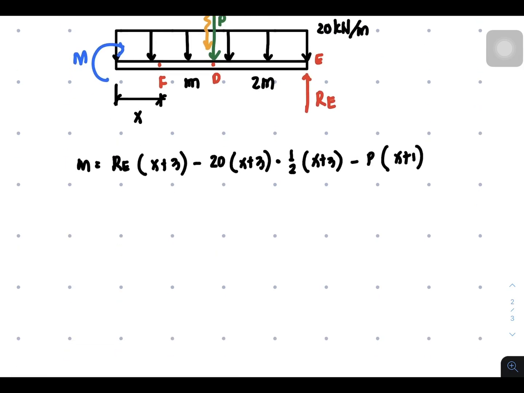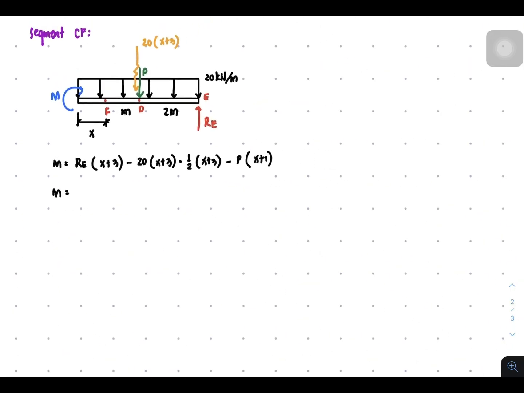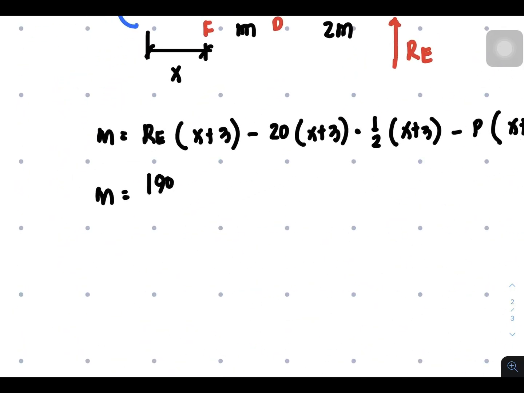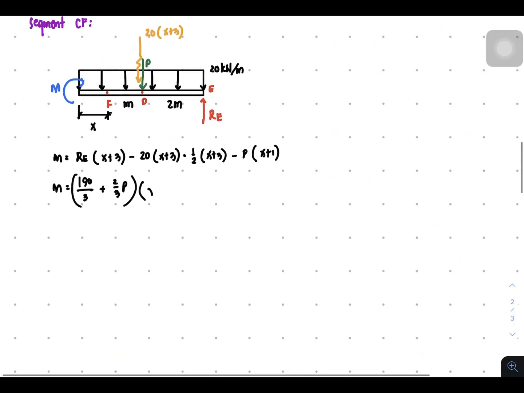So do not forget to simplify. RE is 190 over 3 plus 2/3 of P. Then multiply it with x plus 3 minus 10 x plus 3 square minus P times x plus 1.